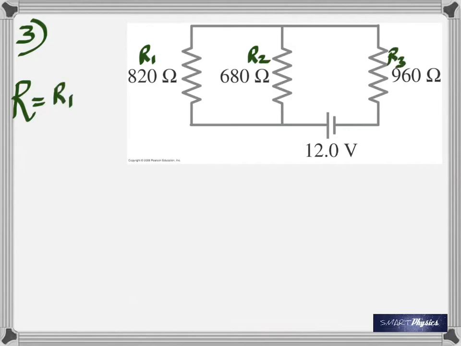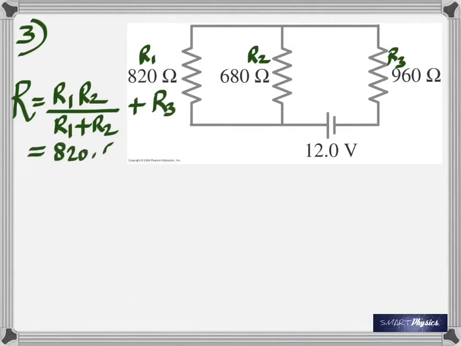So let me call them R1, R2 and R3. R1 and R2 are in parallel as I explained. And the quick way to find out the total is product divided by sum when there are only two resistances. I've done it all in one step.